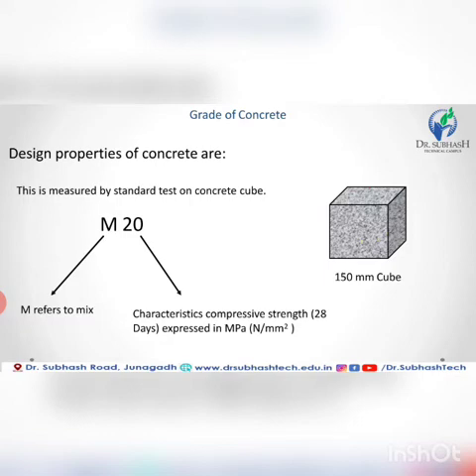Design property of concrete is measured by standard test on concrete cube. Cube size 150 mm by 150 mm by 150 mm. M for mix and 20 characteristic strength at 28 days, expressed in Newton per mm square. Okay, next.